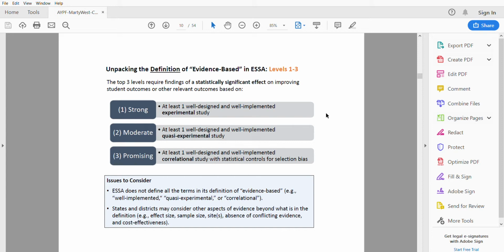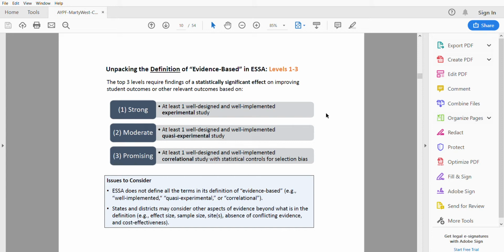The top 3 levels require studies which have found statistically significant effects on improving student outcomes. Certain types of evidence fall into the top category, the strong tier. The program, policy, or intervention needs to be supported by at least one well-designed and well-implemented experimental study.